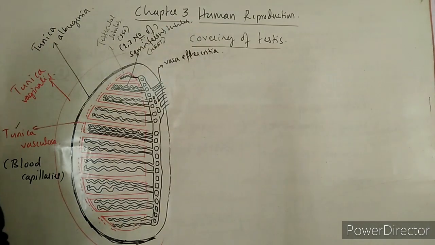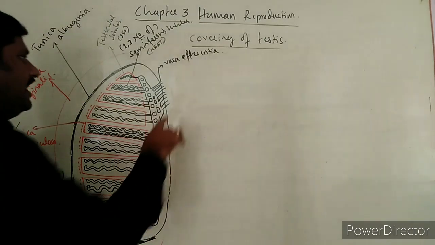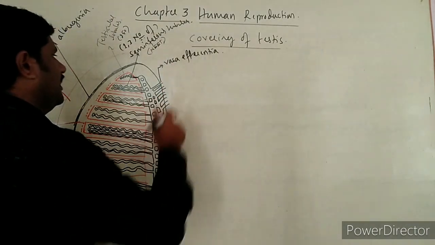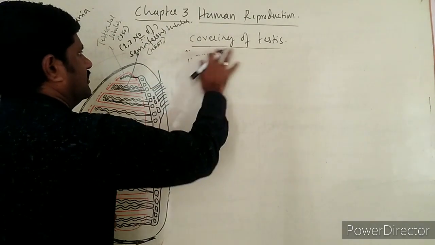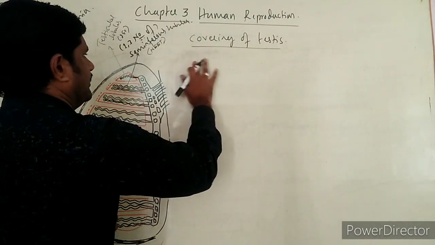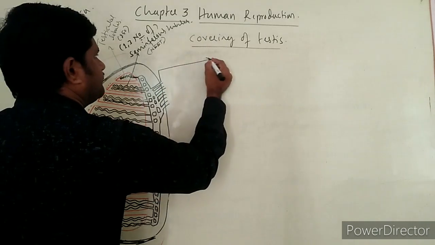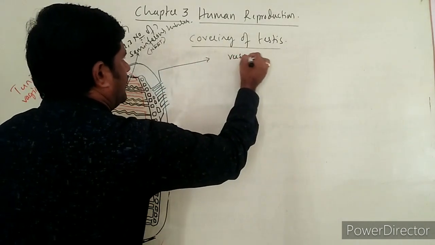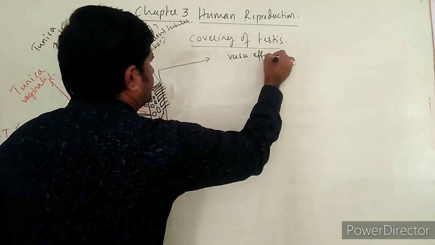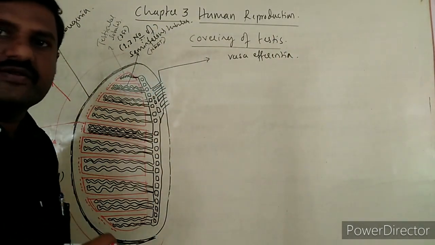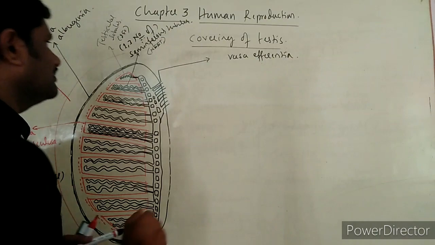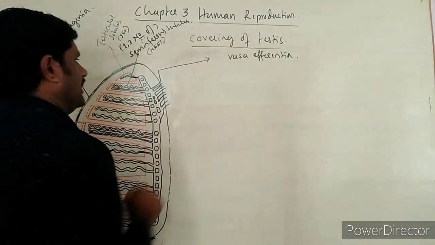What are they named as? Vasa efferentia. I shall write this here a little far away. Vasa efferentia, they are 2 to 11 in number, and those fine tubules are said to be vasa efferentia.